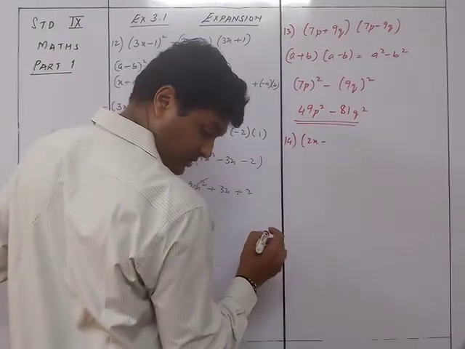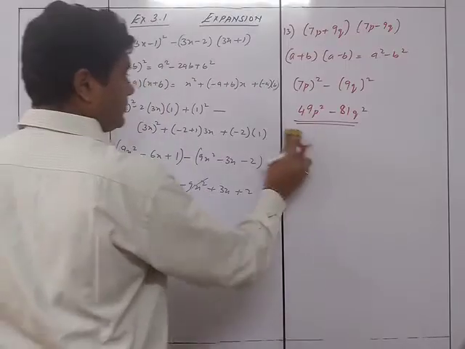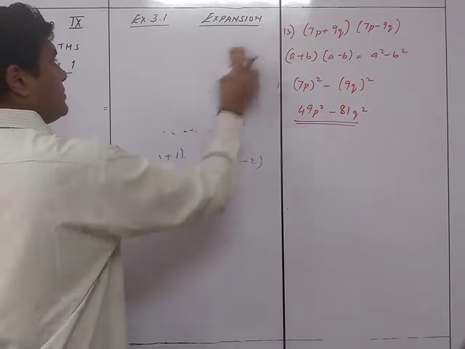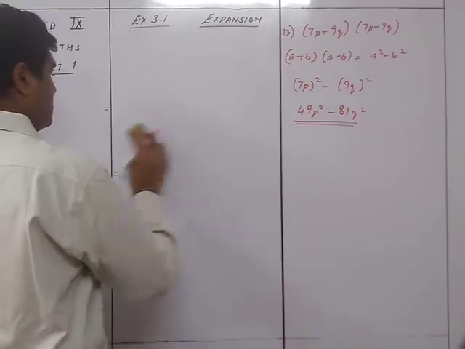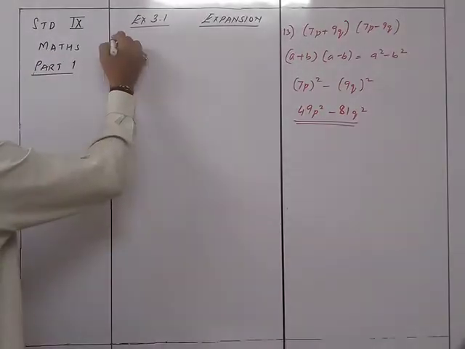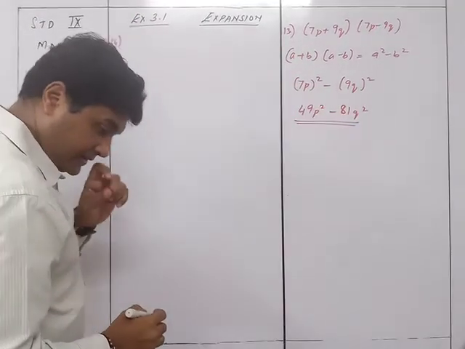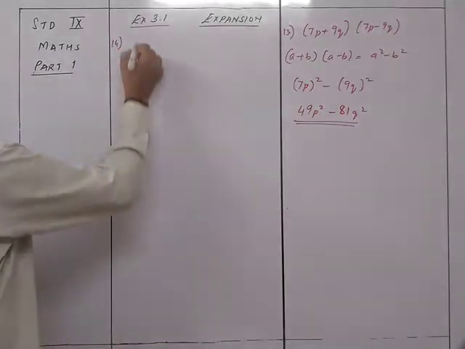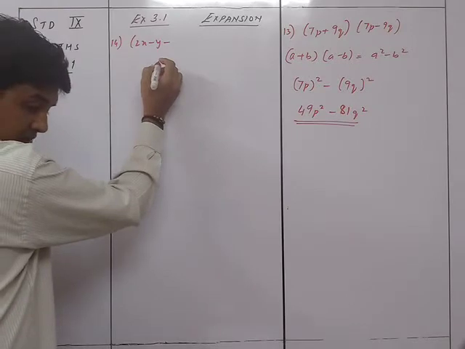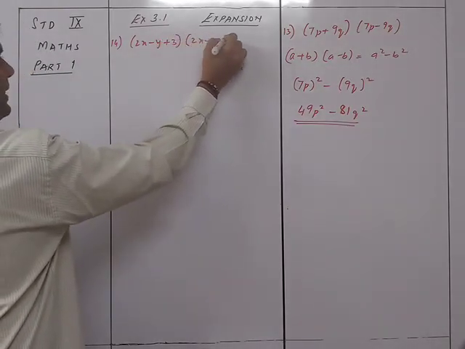Sum number 14, we have here as (2x minus y plus 3) and (2x minus y minus 3).